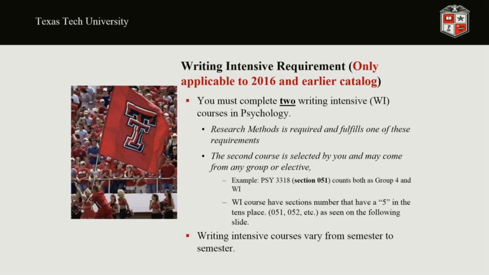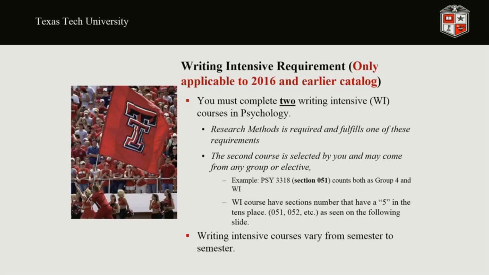It can be from the groups or from the electives. You will know a psychology writing intensive class because of the section number. It will have a 5 in the tens place. So as opposed to 001, 002, etc., it will be 051, 052, etc.